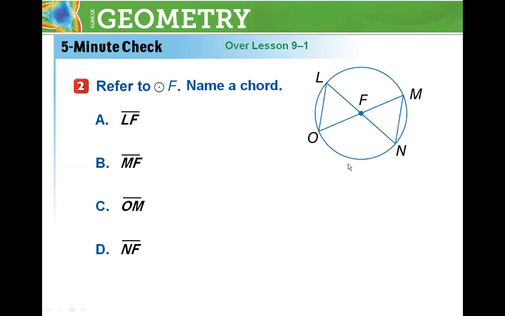The second one with Abdullah Al-Ainazi. Abdullah, we have here the circle F. I need a chord. Which of the following choices represents a chord: LF, MF, OM, or NF?